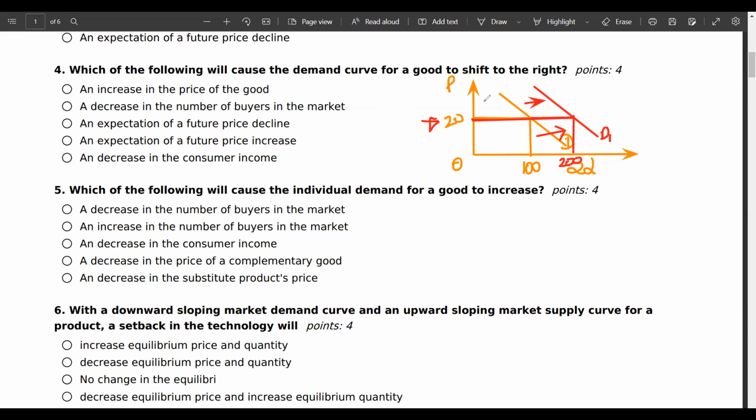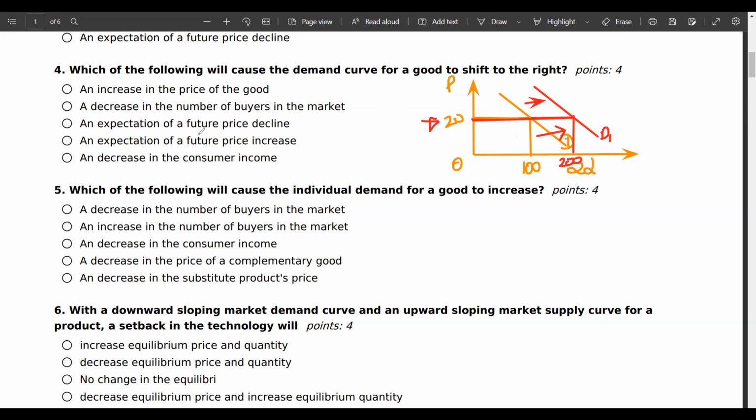For example, if the price has gone up from 20 to, let's say, 25, we would have gone up the old orange demand curve itself. Price went up. As a result, quantity demanded dropped. But here that didn't happen. Price did not change at all. So the first answer is out.